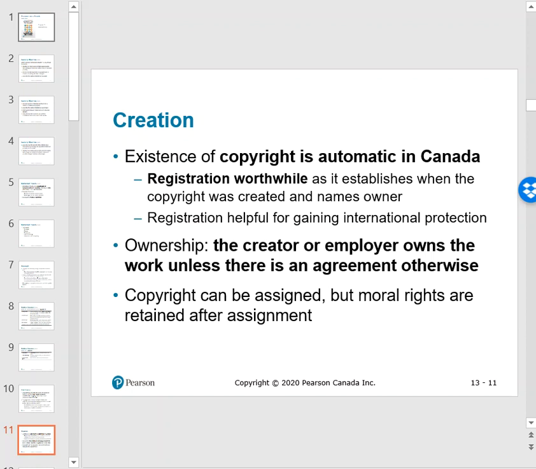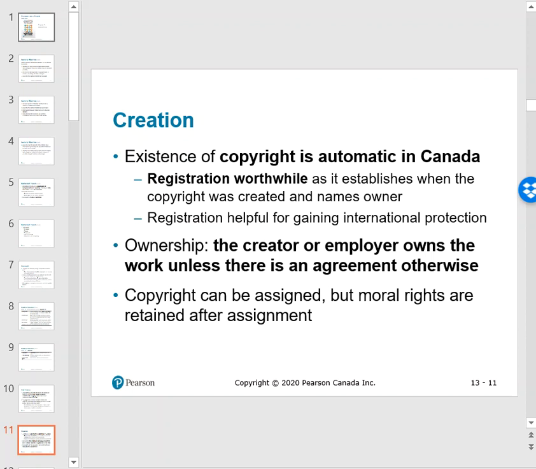The Copyright Office will send you a record that your copyright is now duly registered. So those are two reasons you would want to register a copyright. But you don't need to. As long as you created a book, you created a video, you made a song, you broadcasted something, it is automatically protected.